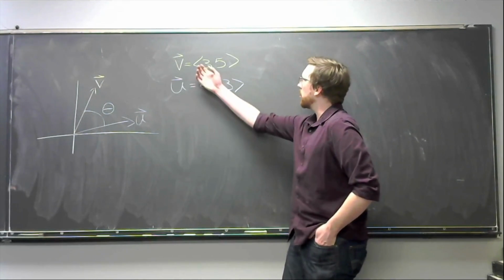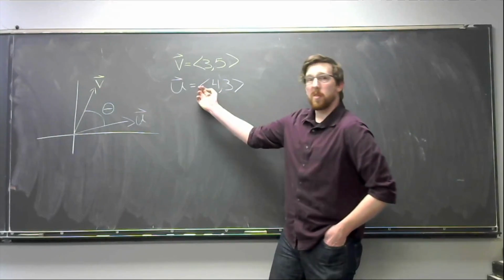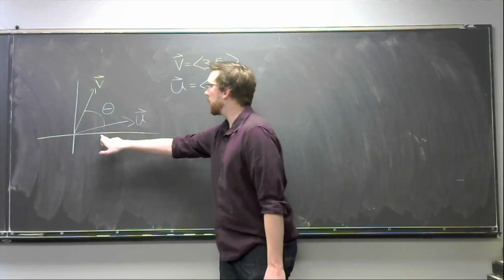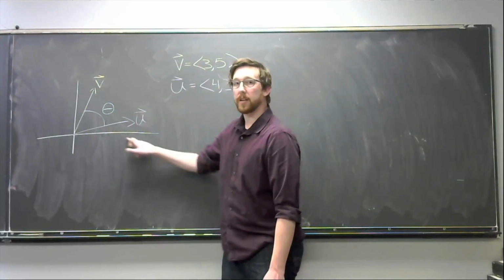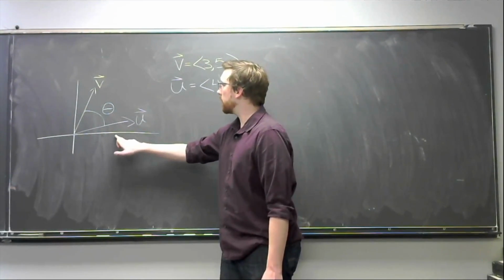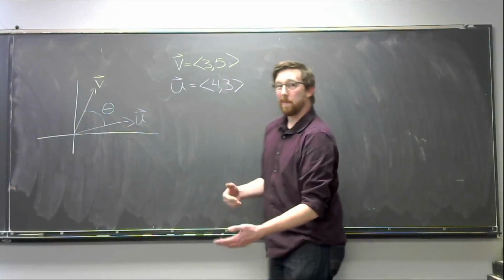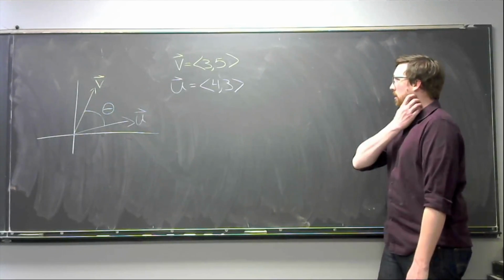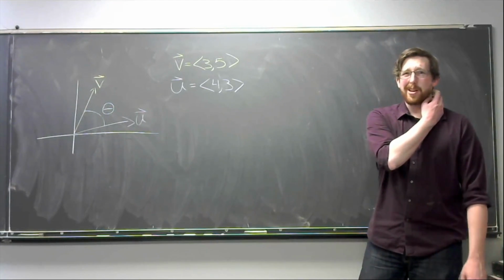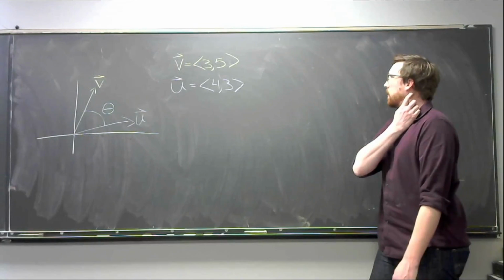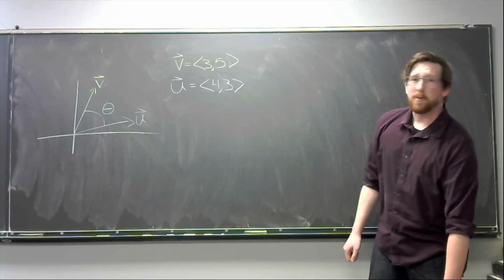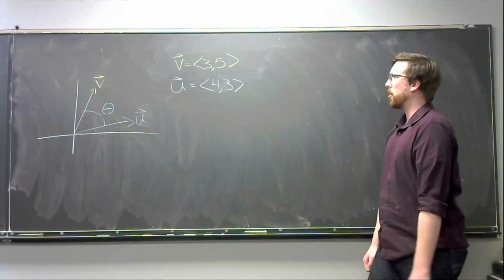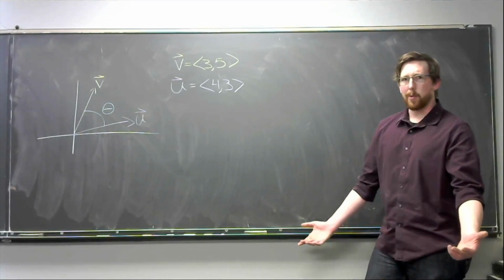Sure, we might be able to use the unit vector and find out what the angle from v to the positive x-axis is, and from u to the positive x-axis is, and take the difference. We might be able to do that. Sure. But that takes a while. And it's 1:44 in the morning and I don't want to be here all night. So, what's the shortcut, right?